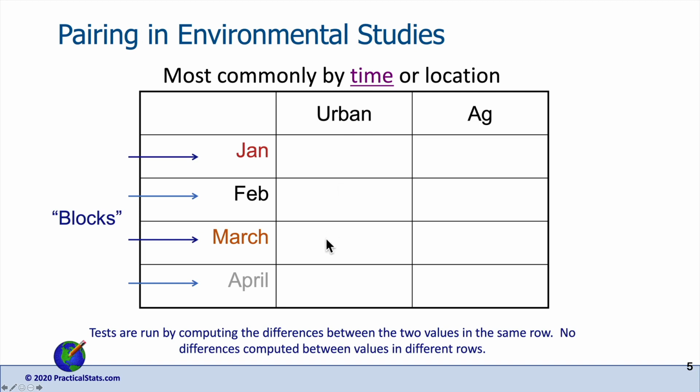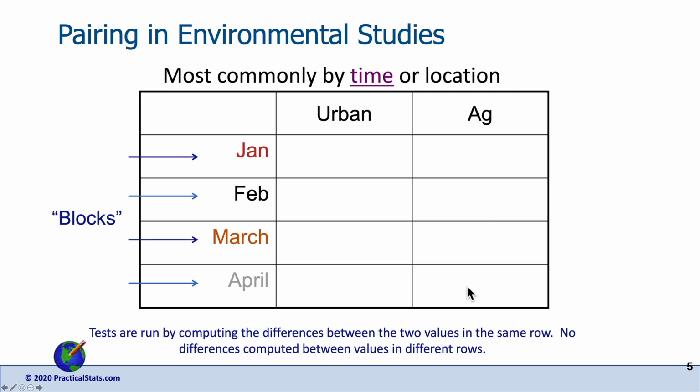So for example, if you had data from an urban area and data from an agricultural area, and maybe you were measuring concentrations in stream flow or in a well, and there were seasonal differences. And so you would go out and probably measure the value at the urban area in January and also measure it in January in the ag area. Do the same in February, the same in March, the same in April. And with these types of tests, matched pair tests, you would not be comparing the urban value for January to the ag value for April.